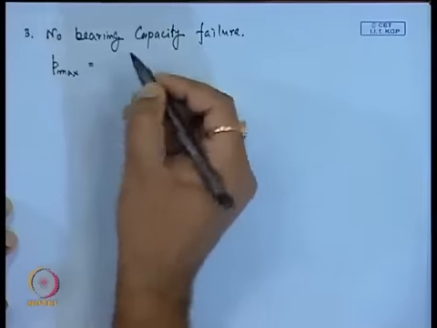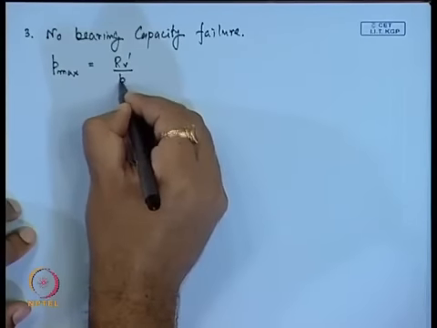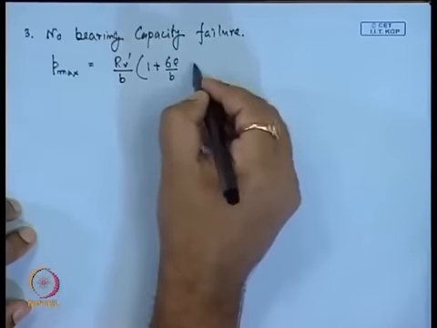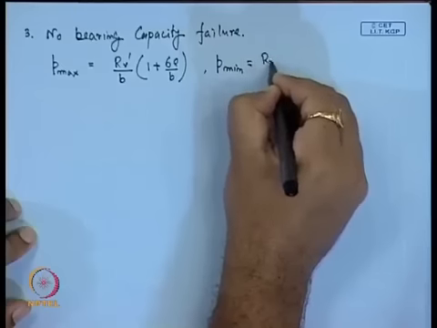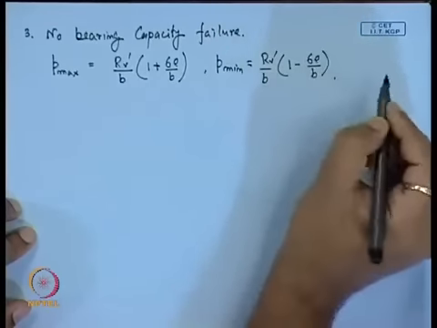So, we have to check whether this soil is capable of taking the load of this retaining wall, including the soil pressure coming on the foundation soil. For that purpose, we have to calculate the stress P max of the soil, that is R V dash, the summation of vertical force, divided by the width of the retaining wall, into 1 plus 6 E divided by B, and the P min is R V dash divided by B into 1 minus 6 E divided by B.